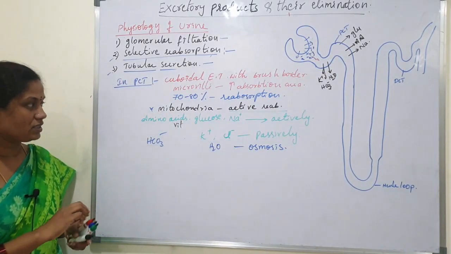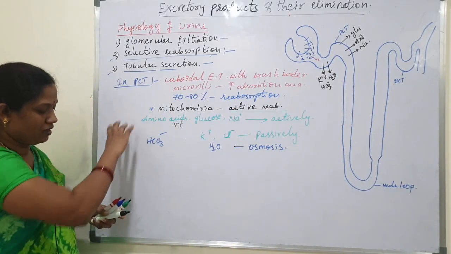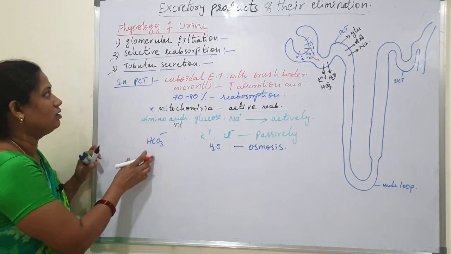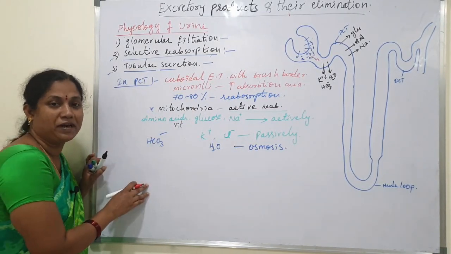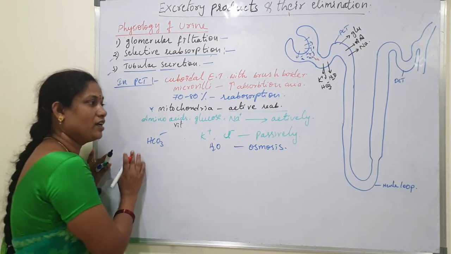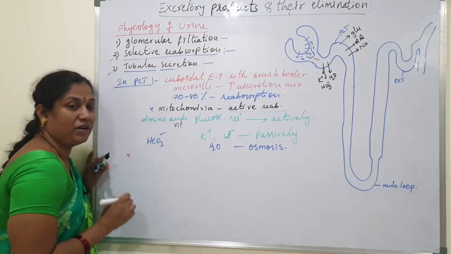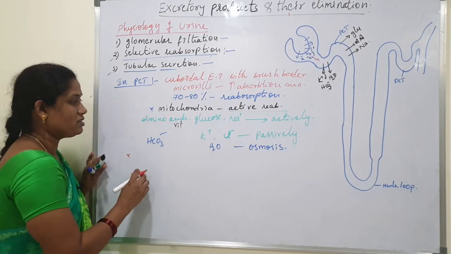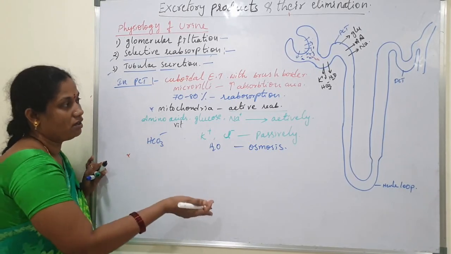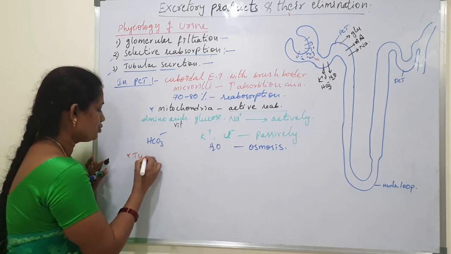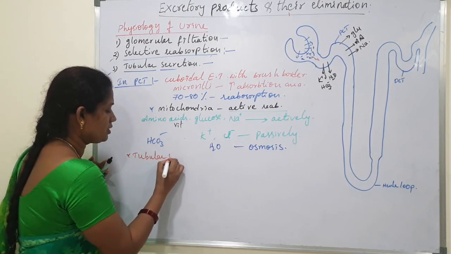This is reabsorption. Next, tubular secretion also takes place to maintain ionic balance and pH balance. The PCT secretes some substances into the renal tubule. This is tubular secretion.